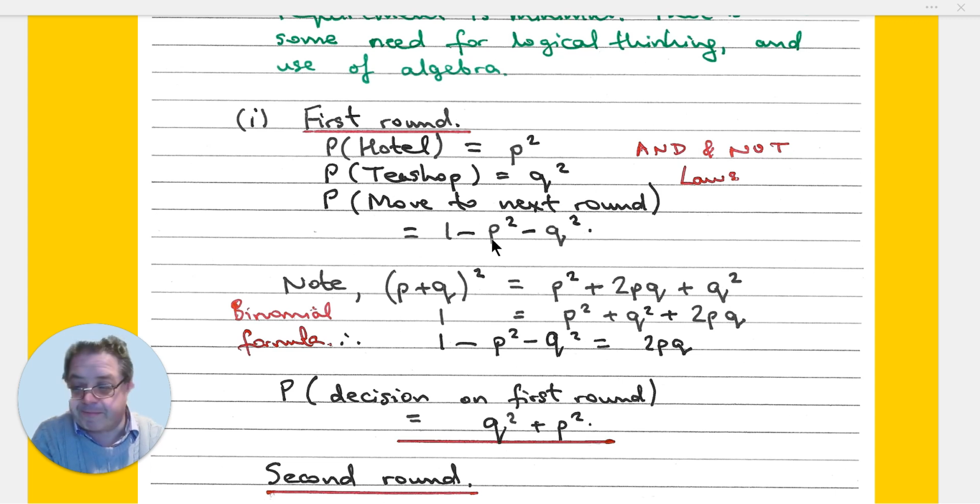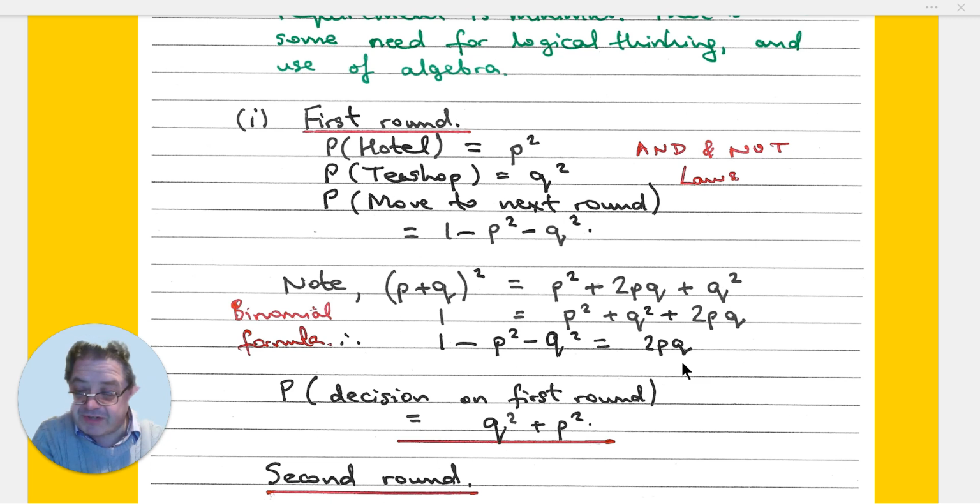Now here's some algebra. (p plus q) squared equals p squared add 2pq add q squared, binomial formula. So 1 take p squared take q squared equals 2pq. The chance of a decision on the first round is q squared add p squared, and the chance of no decision is 2pq.